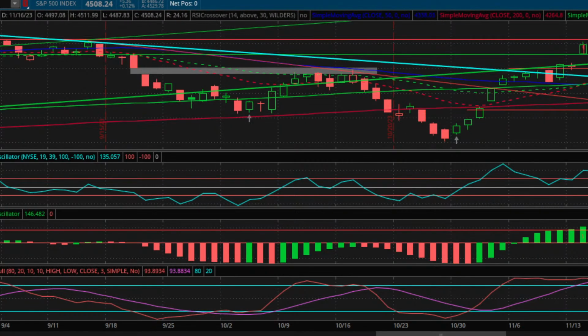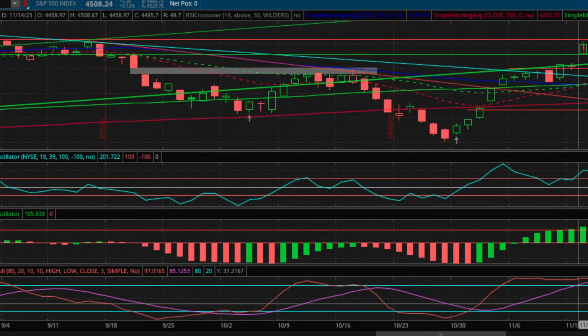So what I'm going to do is now I'm going to expand the screen so we can see this a little bit better, and kind of remove the oscillators for now from the screen so we can see better. Bear with me. First I'm trying the live YouTube.